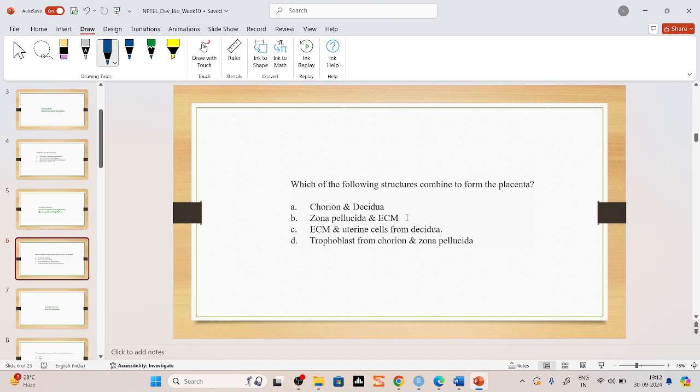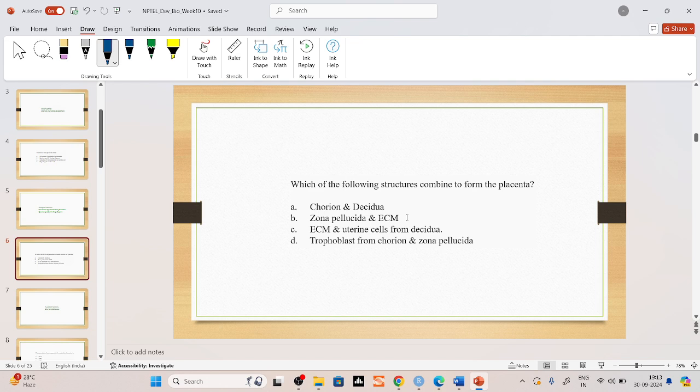Now, zona pellucida and extracellular matrix. No, zona pellucida is degraded by the time it reaches the uterine wall, so B cannot be the correct option. Extracellular matrix and uterine cells from the decidua: you see here, both are maternal parts. Extracellular matrix is the matrix of the uterine cells, and decidua is also the maternal part, so both are maternal.